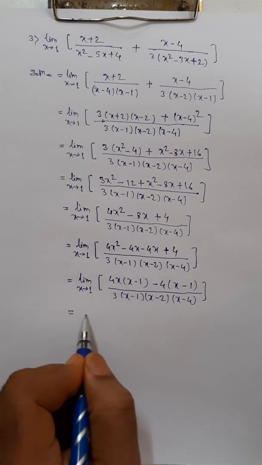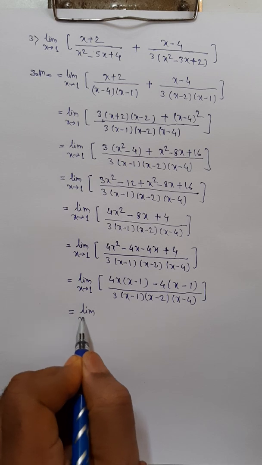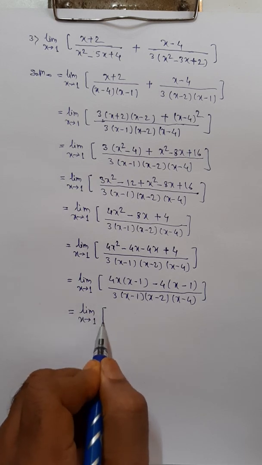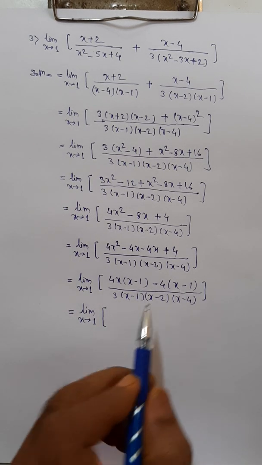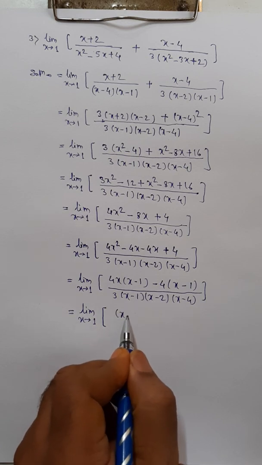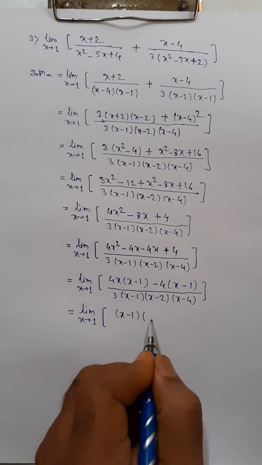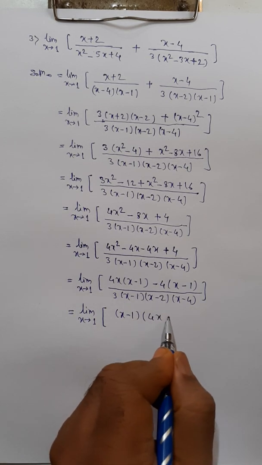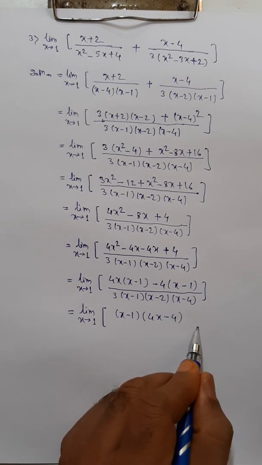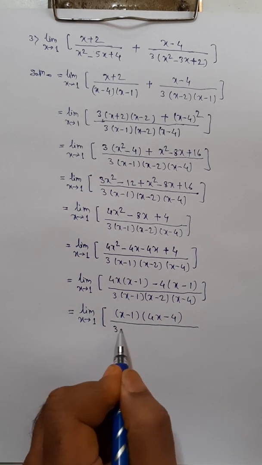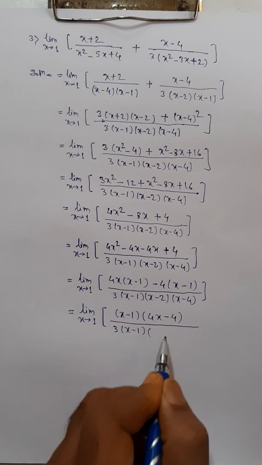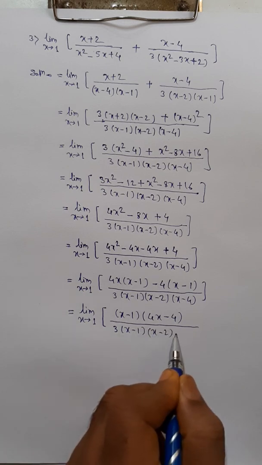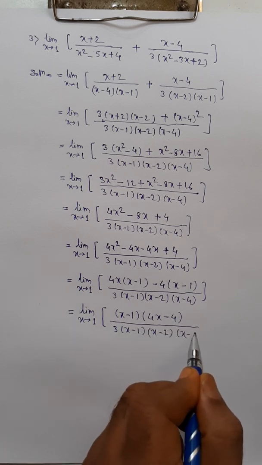So it is equal to limit as x tends to 1. From the numerator we can take x minus 1 as common, second bracket 4x minus 4. Denominator same, 3 x minus 1, x minus 2, x minus 4.